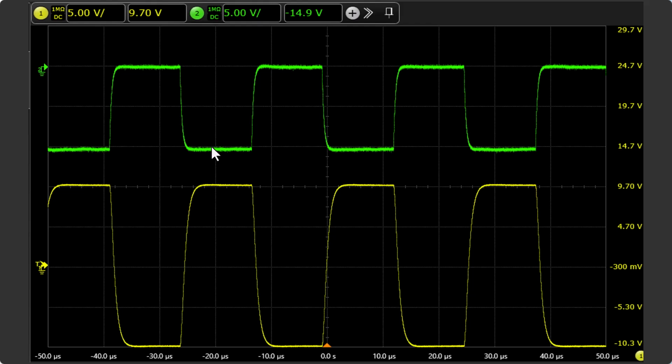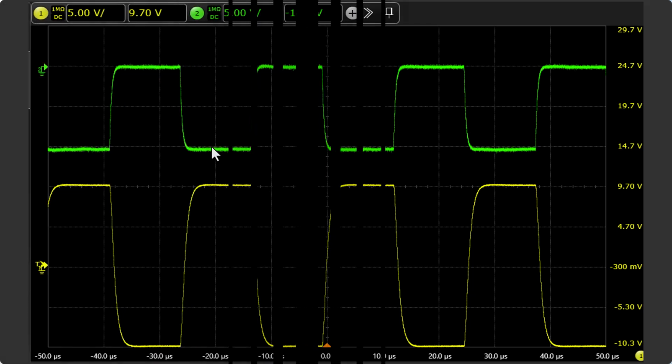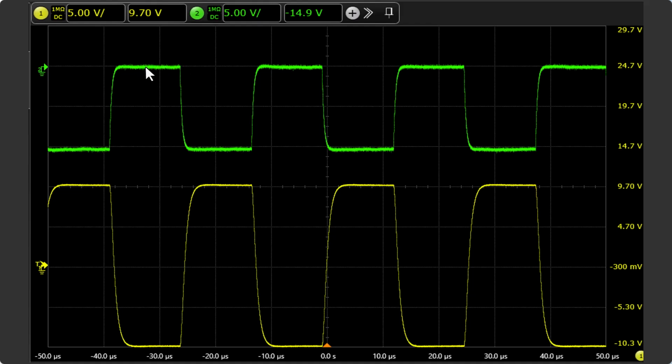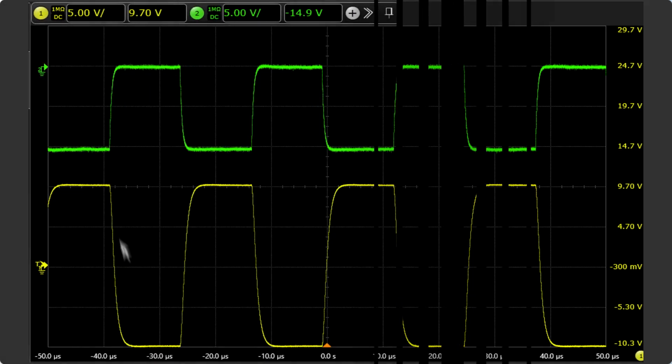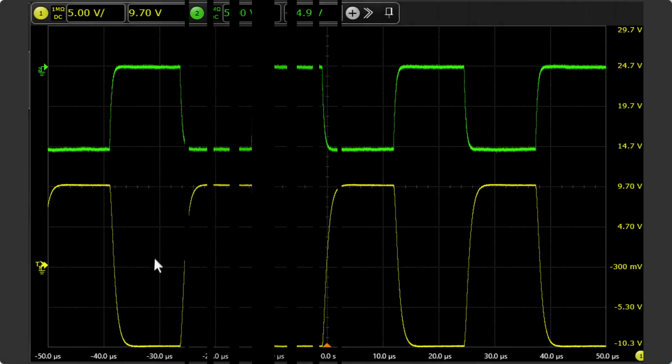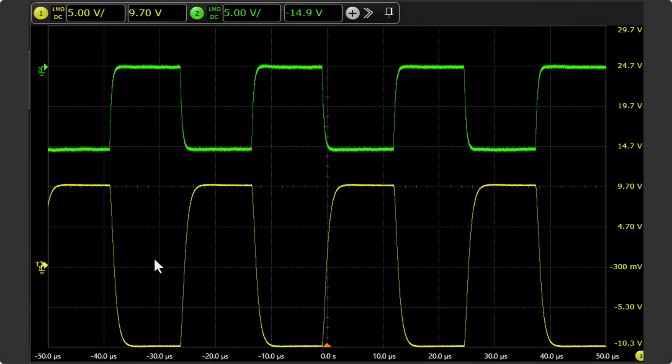Why? Because the DAC output is 0 to 10 volts, but the buffer amp is an inverting amplifier, so it turns it negative. And then when we have 0 volts at the output of the buffer amp, we're going to have 10 volts from the reference, and then that 10 volts is going to get inverted by the summing amp, because 0 plus 10 is 10. Then we invert it to negative 10, and that's why we're seeing about negative 10 volts here.